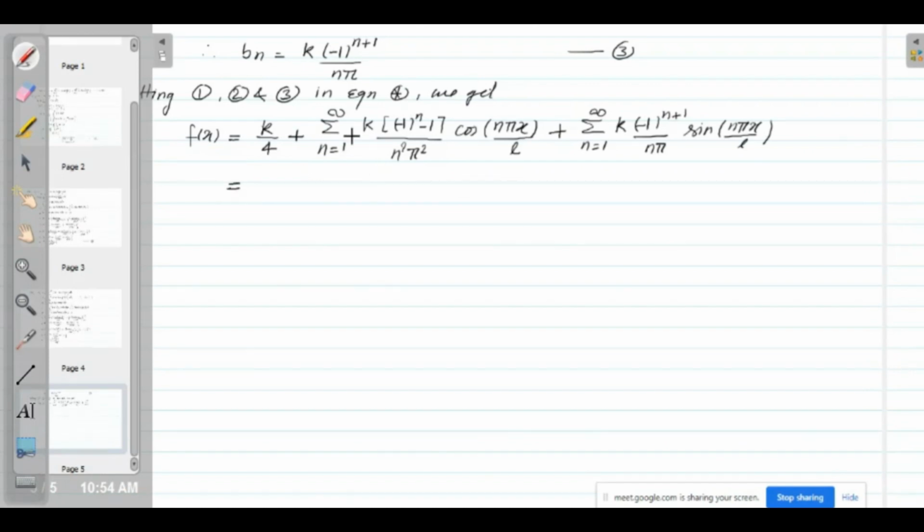Here k is constant in each term, so we are taking k common from each term.